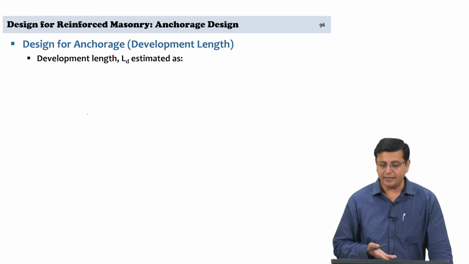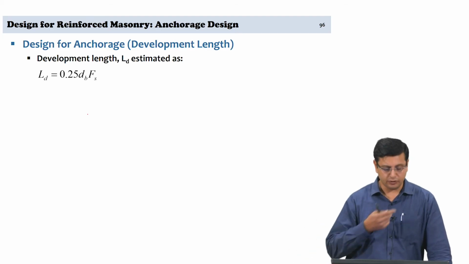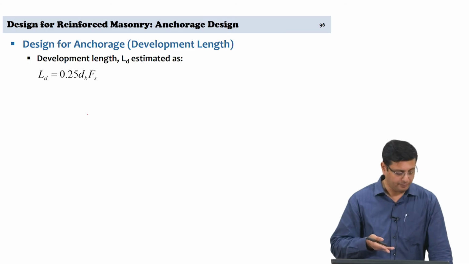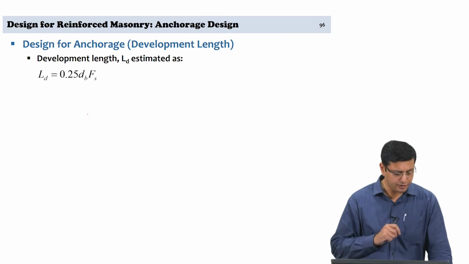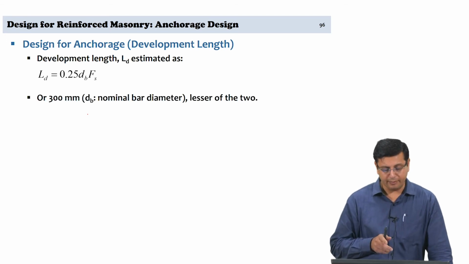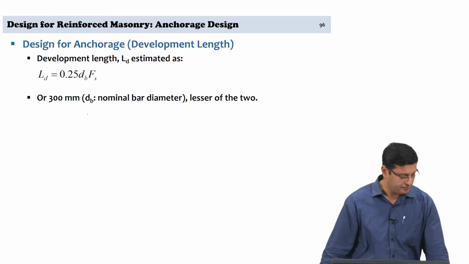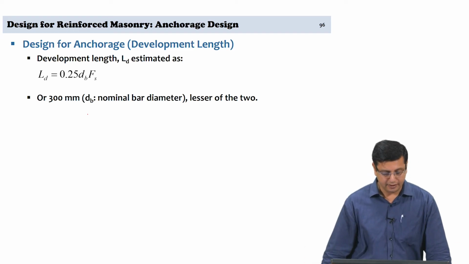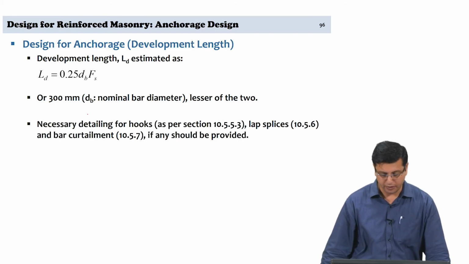So the development length LD has to be estimated for each of the locations, each of the bars, where it is 0.25 into the diameter of the bar into the permissible tensile stress of steel, or 300 mm. So you would make that estimate and provide the development length that is required. The lesser of the two estimates is what you would use.